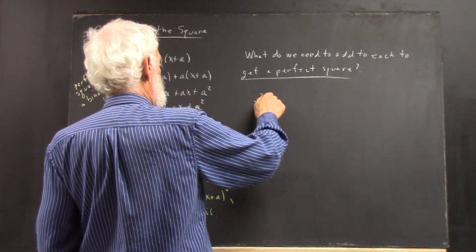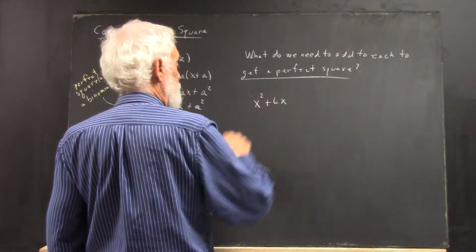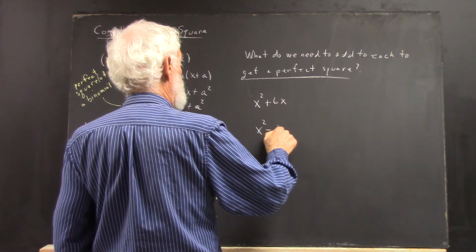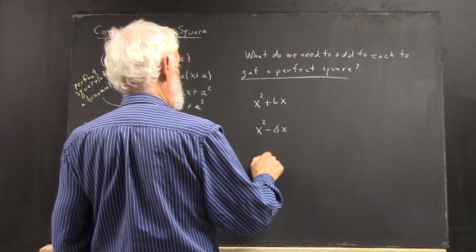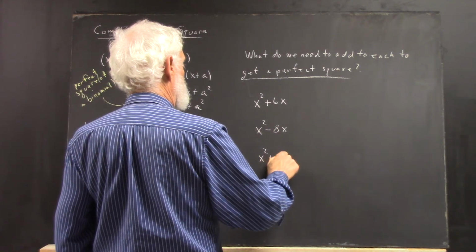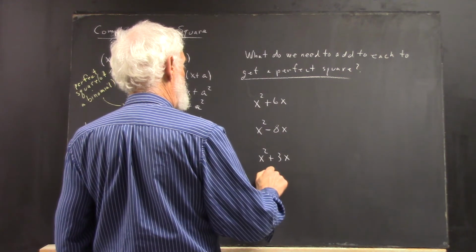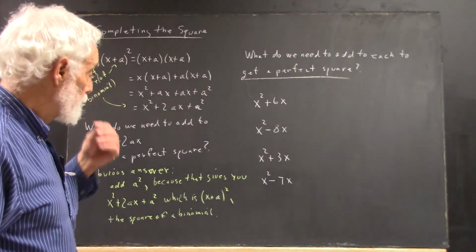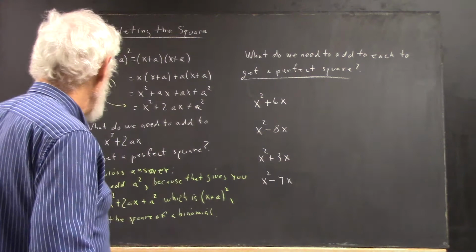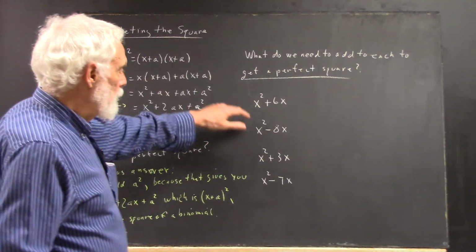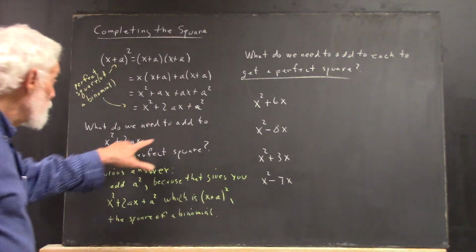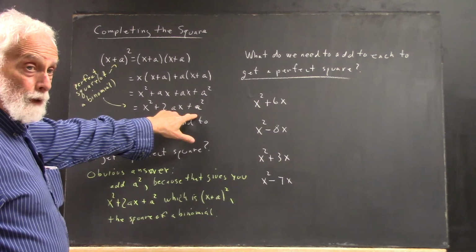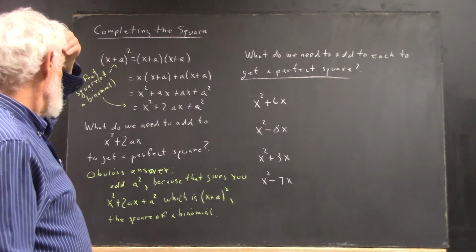Let's say x squared plus 6x, x squared minus 8x, x squared plus 3x, x squared minus 7x. Well, in each case, what we have here would be this part of the perfect square. Any perfect square can be expressed this way. If we just discover what a is, we can see what has to be added.